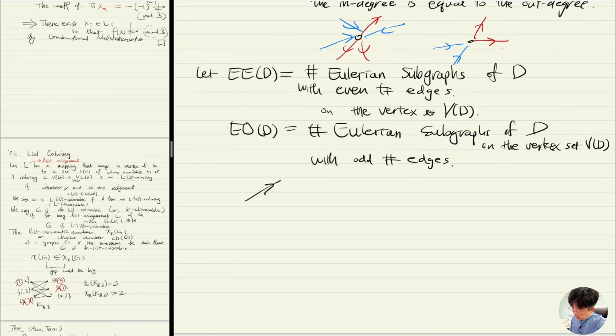Right? So for instance, let's do some simple example. How do I draw an Eulerian graph easily? Just make an Eulerian circuit.